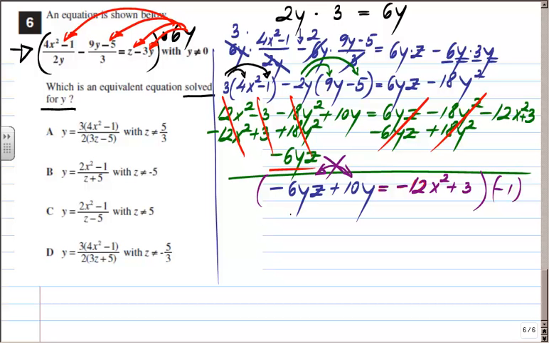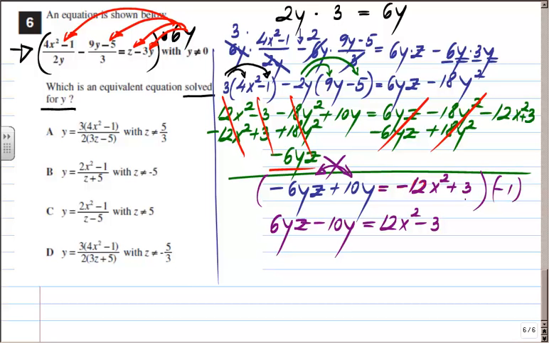Negative 1 times negative 6yz is going to be positive 6yz. Negative 1 times positive 10 will be negative 10y, right? Equals negative times negative 12x squared is going to be positive 12x squared. Negative times 3 is going to be negative 3. And why did I do that?